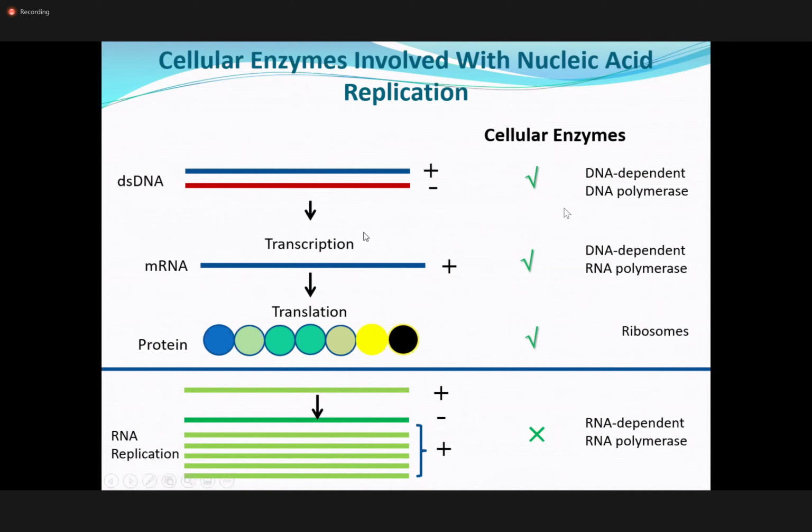So, unlike a DNA virus, which can use the eukaryotic enzyme, the DNA-dependent DNA polymerase, to replicate its own genome, if it's an RNA virus, it has to make this enzyme from scratch because the host cell it's infecting does not normally have this enzyme. Okay?